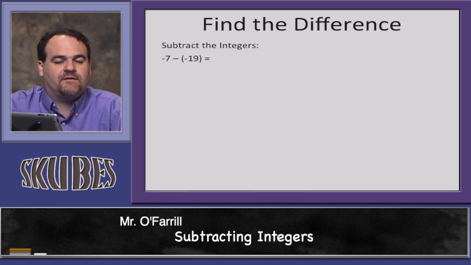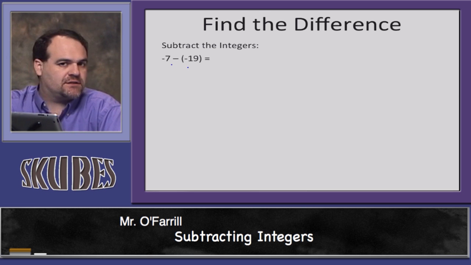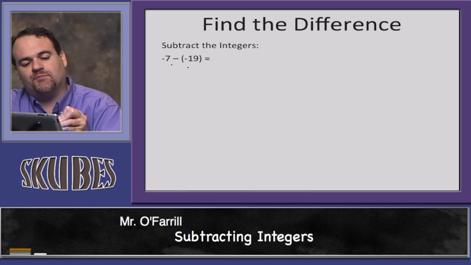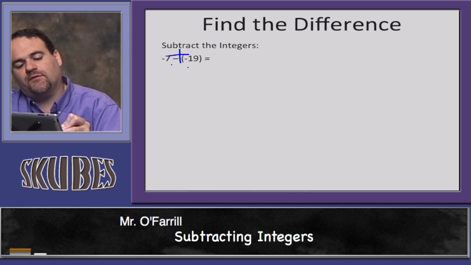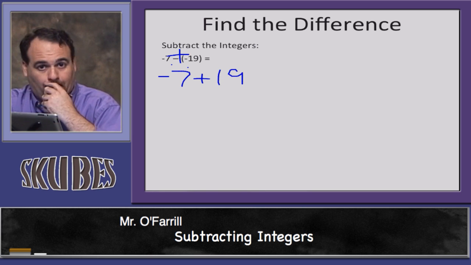And here we go. Subtract the integers. Let's just go ahead and do that. Minus negative. Just like in your English class, a double negative is positive. So we're really doing negative 7 plus 19.